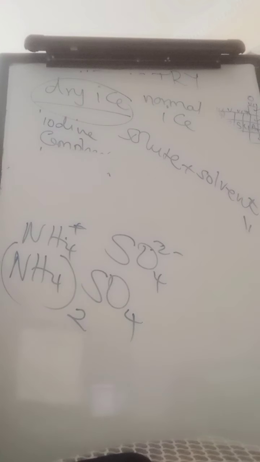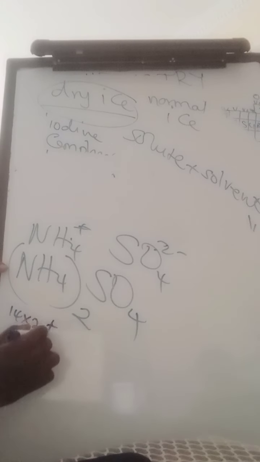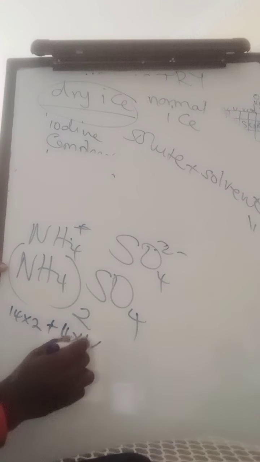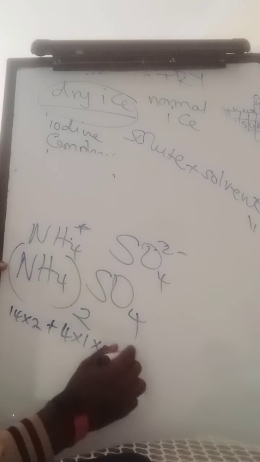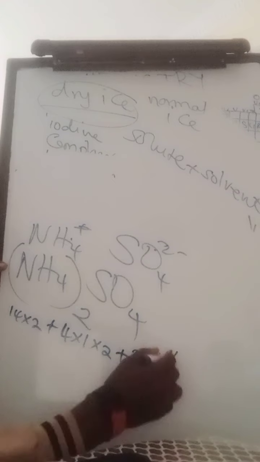So calculate the relative formula mass of ammonium sulphate. It's very easy, isn't it? Nitrogen is 14, then you say times 2, then plus hydrogen, there are 4 times the mass 1 times 2, then you have sulfur, that is 32, then oxygen is 16 times 4.